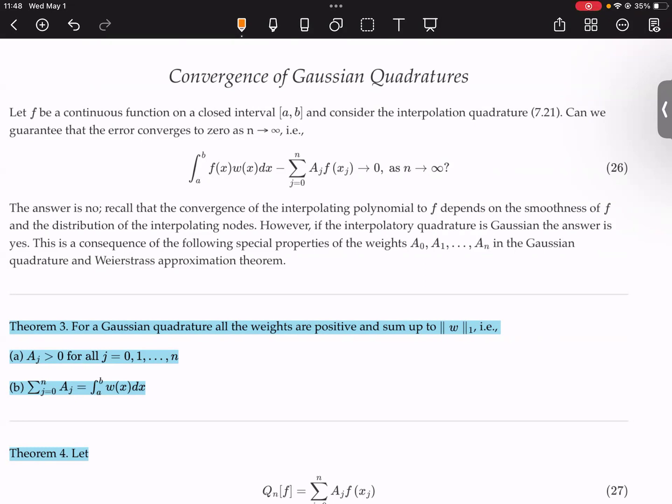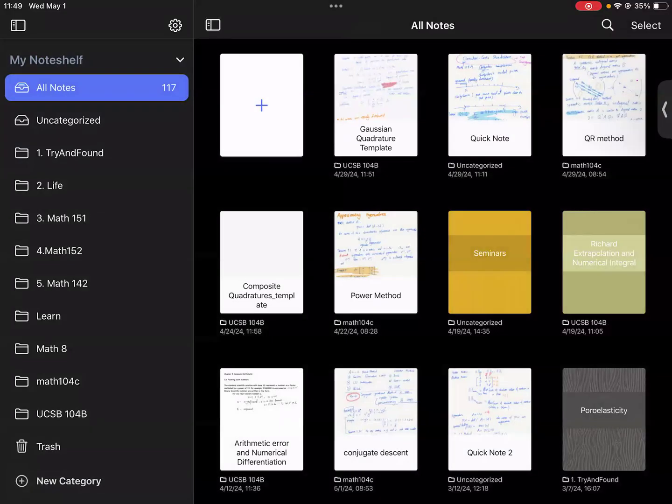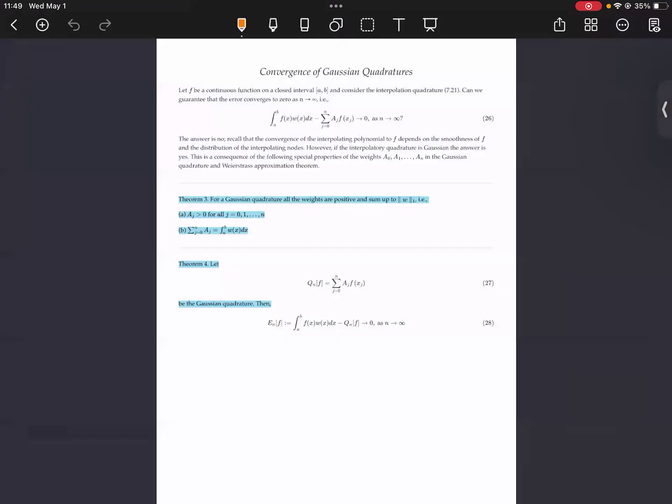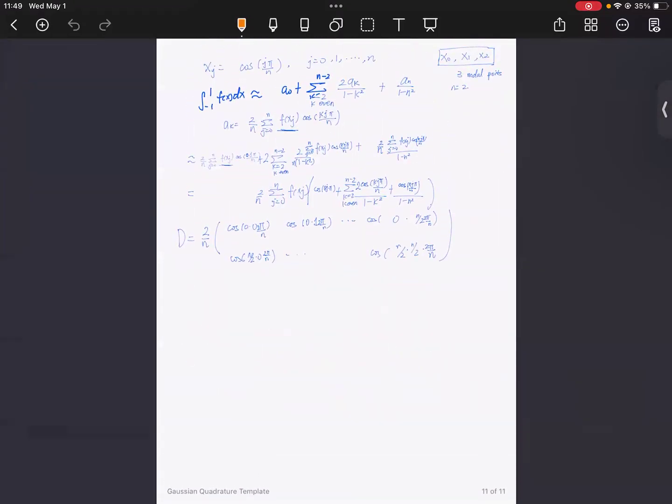So I mentioned in the last class, I believe I just showed you the Google page.